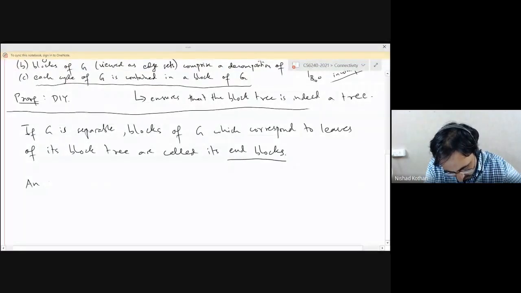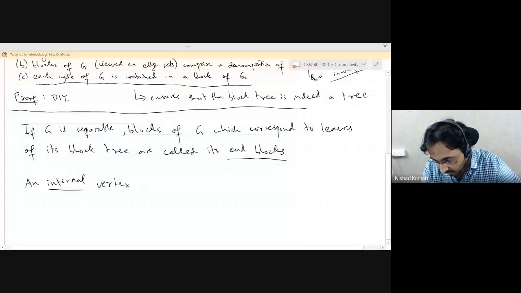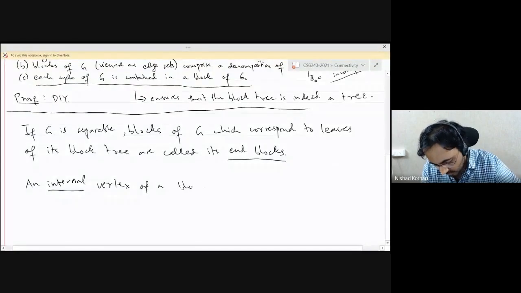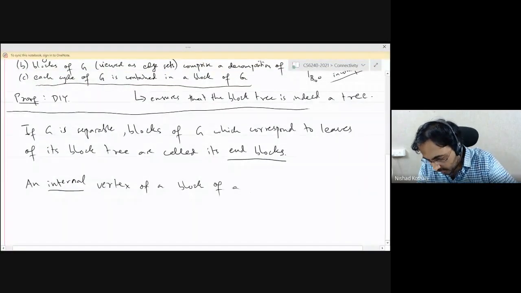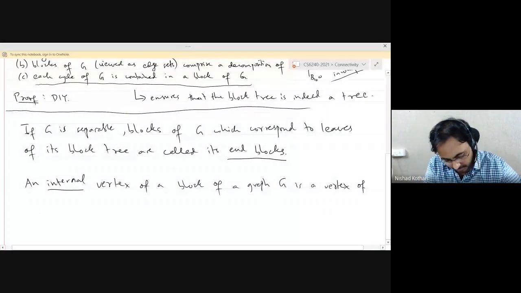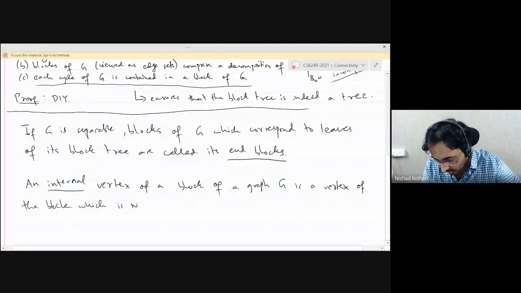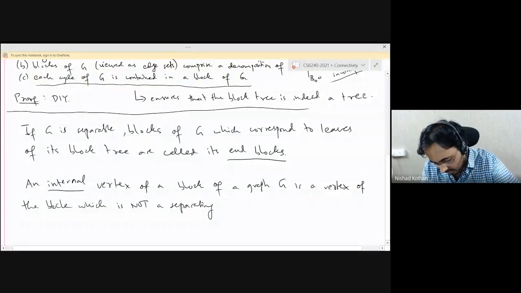An internal vertex of a block of a graph G is a vertex of the block, of course, which is not a separating vertex of the original graph.